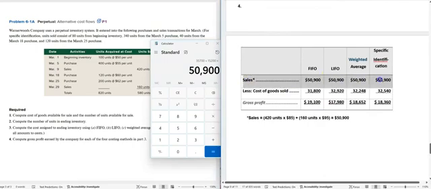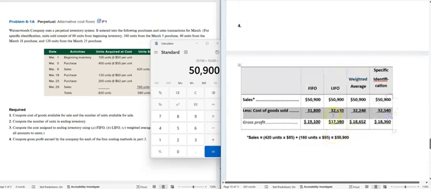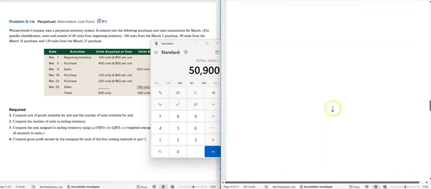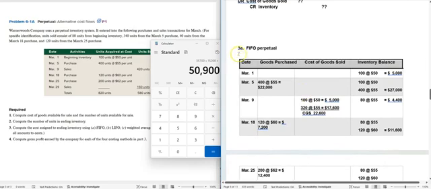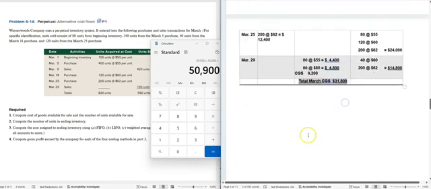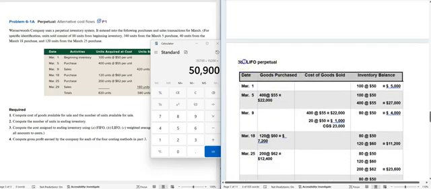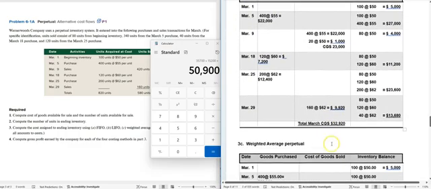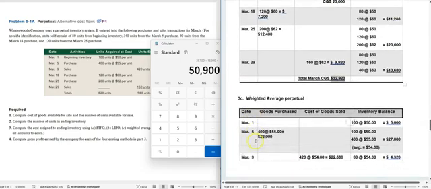What does change is the amount we've recorded for the cost of goods sold. Under FIFO, for the month of March, we calculated a cost of goods sold of 31,800. For LIFO, we calculated a cost of goods sold of 32,920.